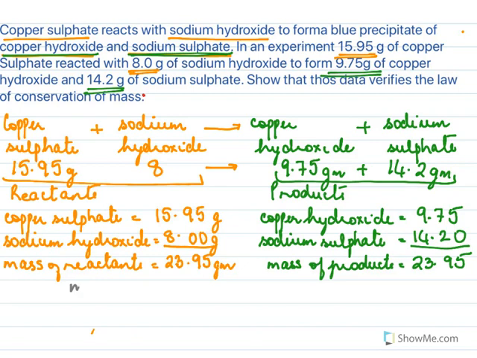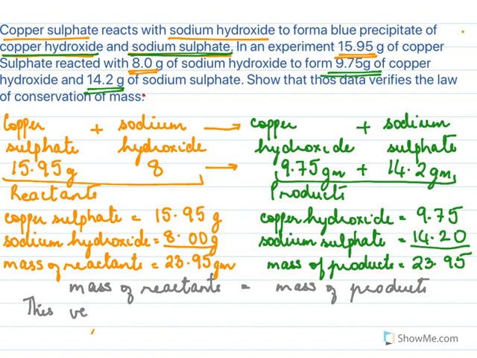And here, if you've noticed, the mass of reactants equal to mass of products. And this verifies law of conservation of mass, which says matter can neither be created nor destroyed in a chemical reaction.